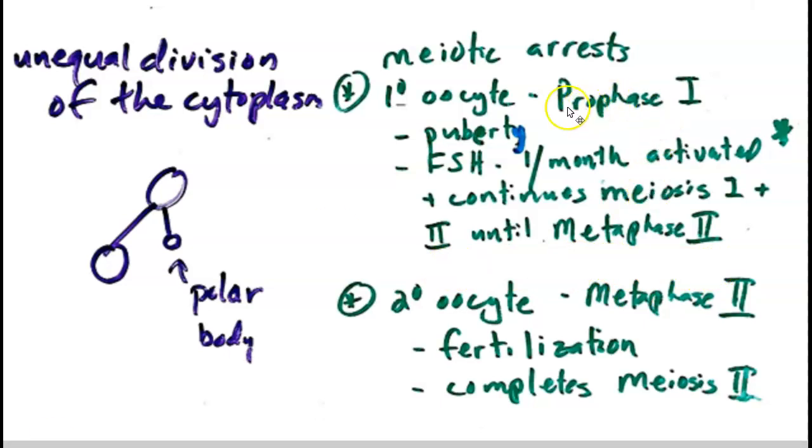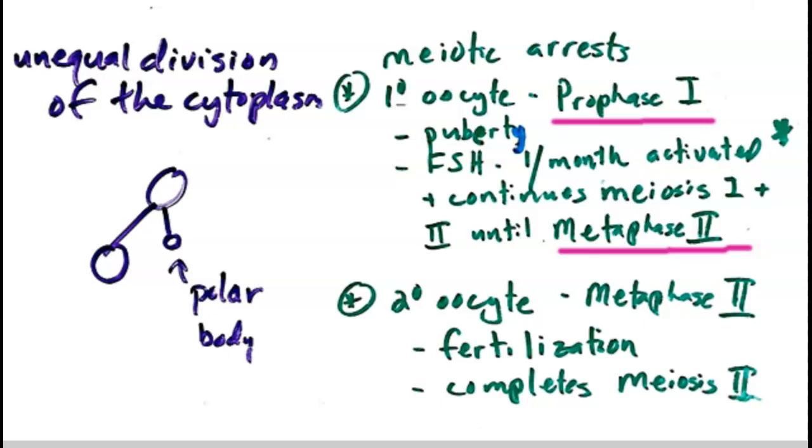First arrest is in prophase 1, when they're inside their mom. Second meiotic arrest is metaphase 2. And it will stay in metaphase 2 until it's fertilized.